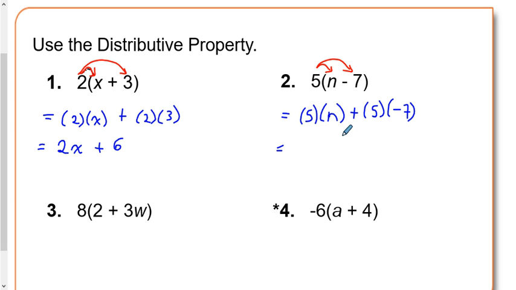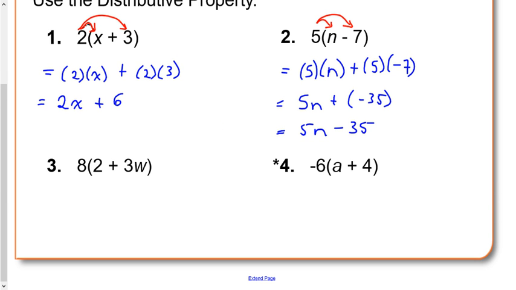So 5 times n is 5n plus 5 times negative 7. 5 times negative 7 is negative 35. Well, adding a negative is the same as subtracting, so we can just write that as 5n minus 35. Again, those are not like terms, so we can't add them together anymore. We've got to stop there. Let's try our next one.